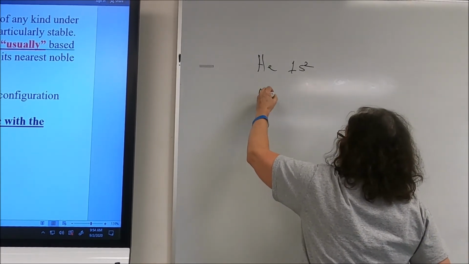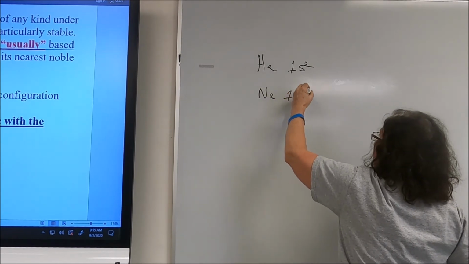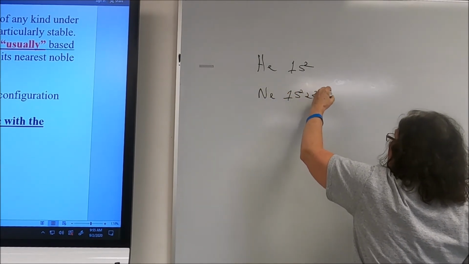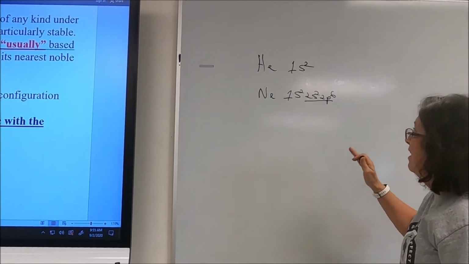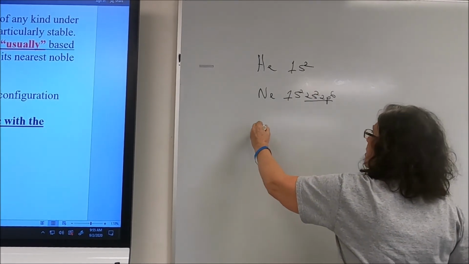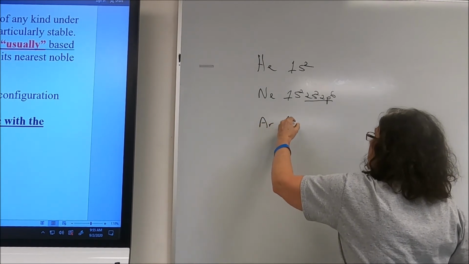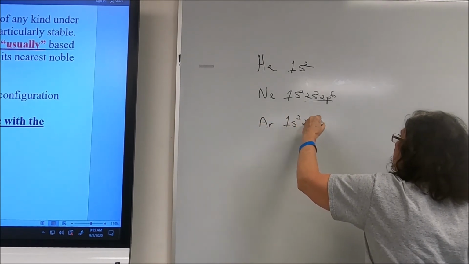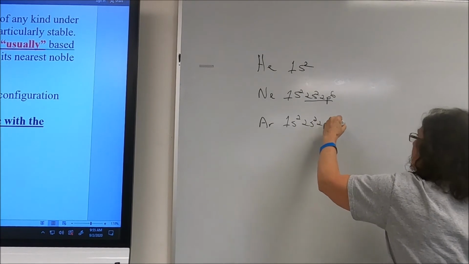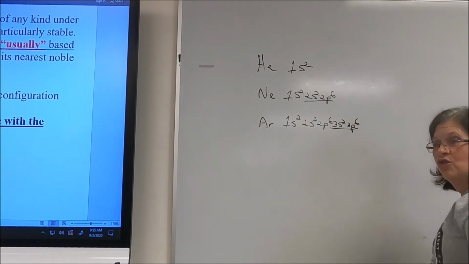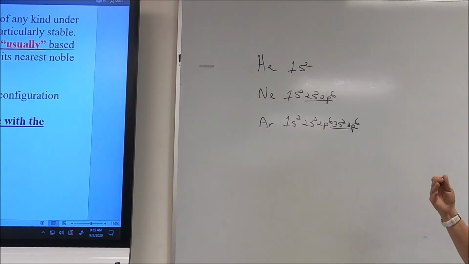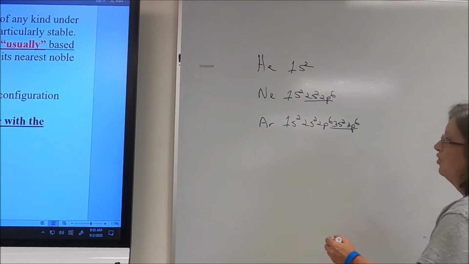If we go on to neon, it's 1s2, 2s2, 2p6. The outermost shell has a complete s and p subshell. Argon, 1s2, 2s2, 2p6, 3s2, 3p6. The outermost shell has 8 electrons in the s and p subshell.